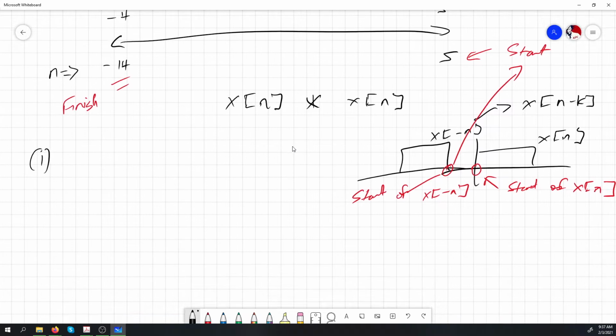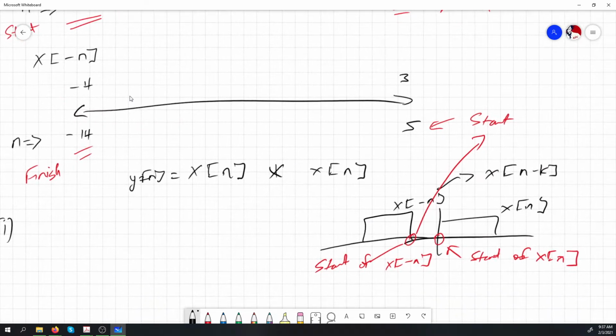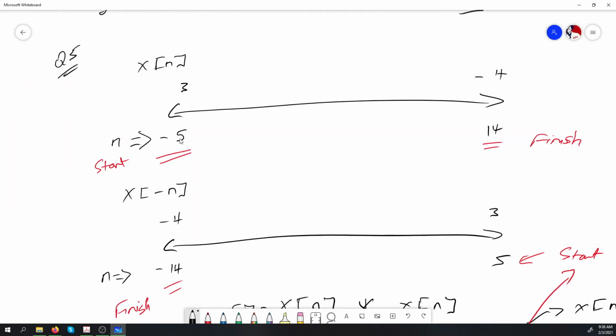And that means, for this here being y of n, the index here: if we watch our start points, we're starting at -5.